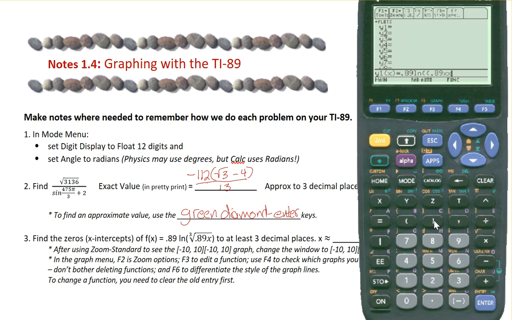We don't have to use an alpha key, and I only want that once, and then I'm going to use the exponent symbol, and I'm going to raise it to the 1/3 power in parentheses. So you can look for that cube root in one of the menus, and then I have to close my natural logarithm, and I might not be sure.